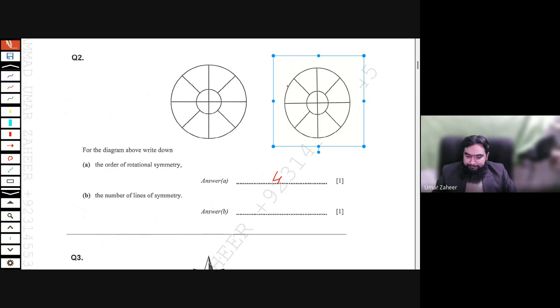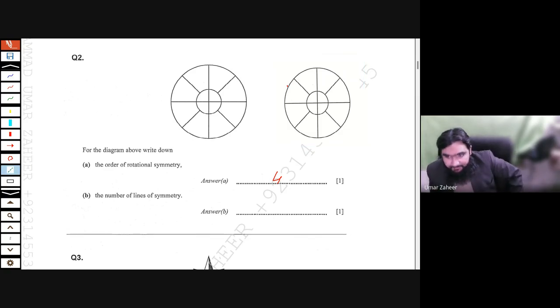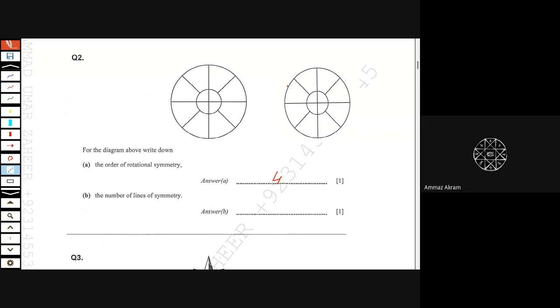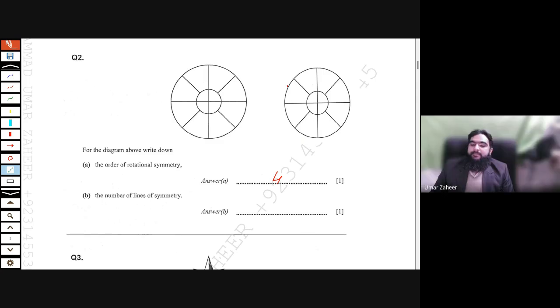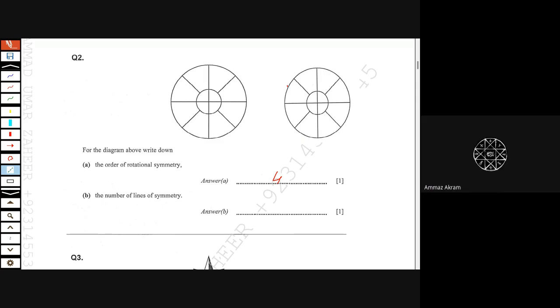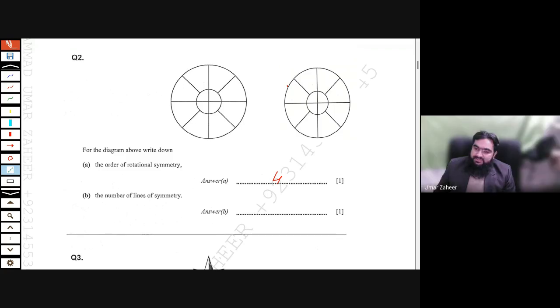Yes, Amaz. Aisha? Since it's a circle, so infinite. No. Yes, Anisha.